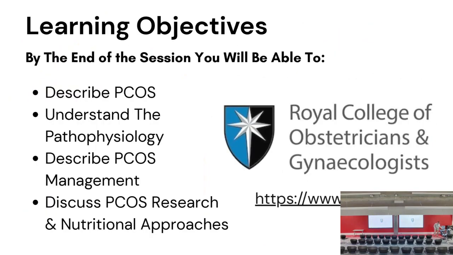Okay, what we're going to do in this session is we're going to do a few things. Hopefully by the end of this session, you'll have the ability to describe polycystic ovarian syndrome. From here on out, I'm just going to call it PCOS. We're going to talk about the pathophysiology, how it happens, how it occurs, what's going on with it.